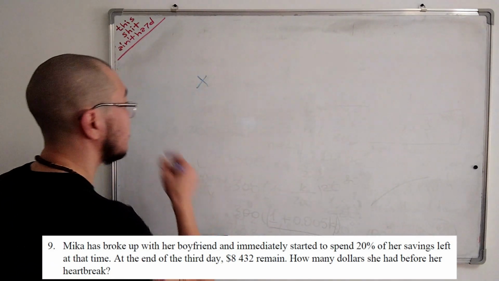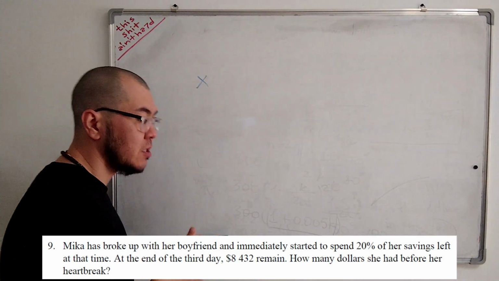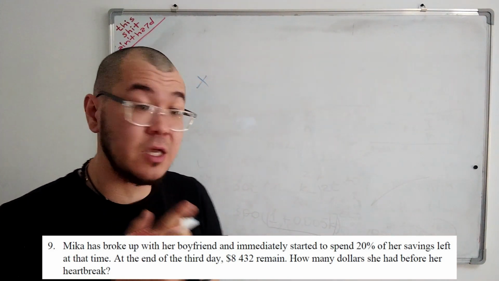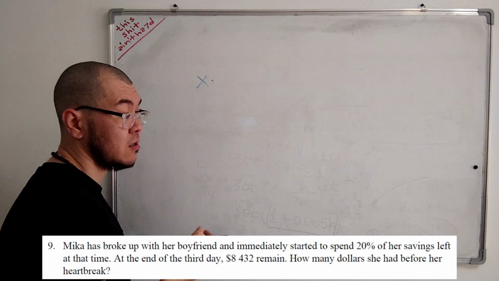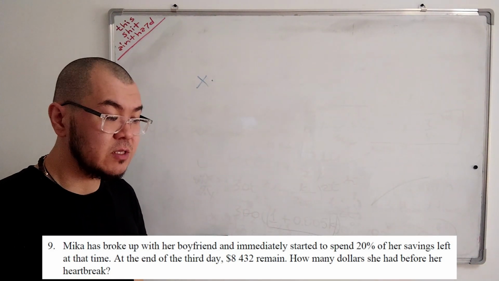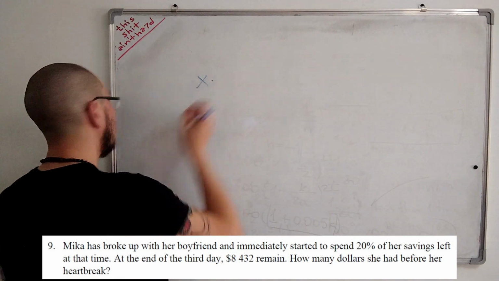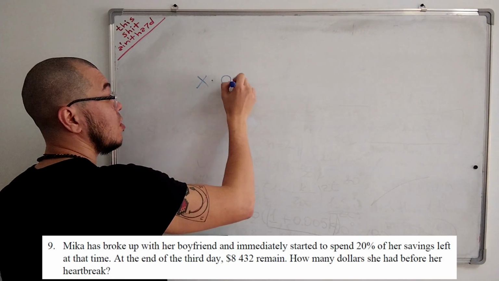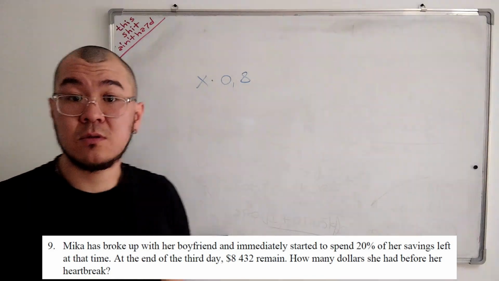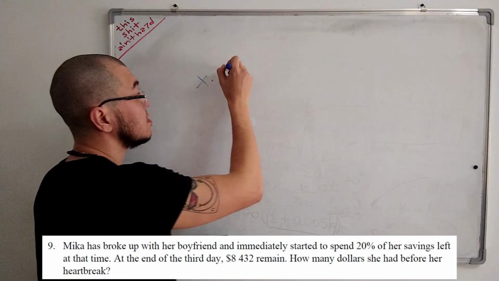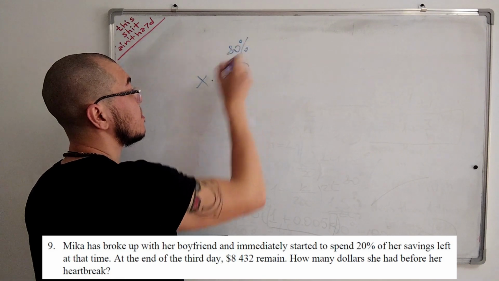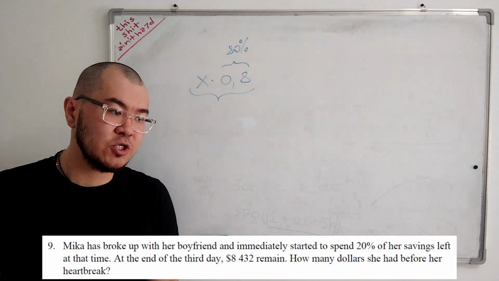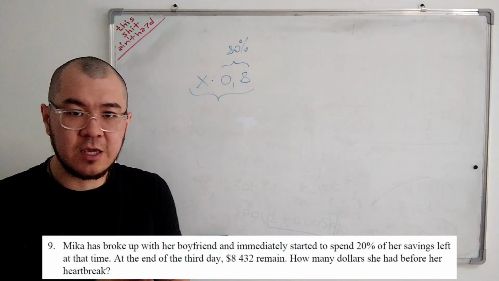Okay, so to find out how many bucks she has at the end of the 1st day, we have to multiply her starting savings by how many percent? 20% spent. Okay, spent. So 0.8. This is 80%. And x times 0.8 is how many bucks she has after the 1st day.